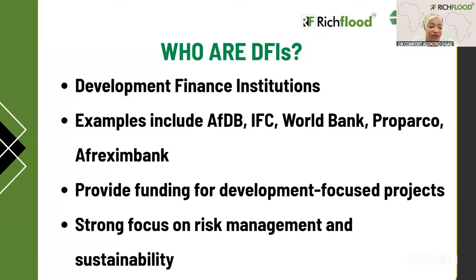Examples of this are African Development Bank, Afreximbank, IFC, which is a part of the World Bank, and Proparco, and several regional and international development finance institutions, including the DFC from the United States of America. So unlike our commercial banks, the DFIs look at sustainability. They look at the development impact.